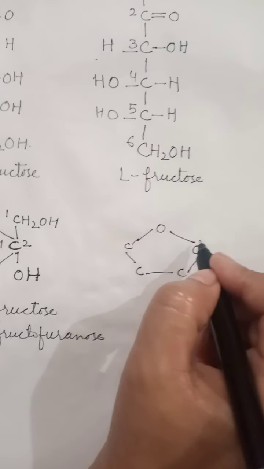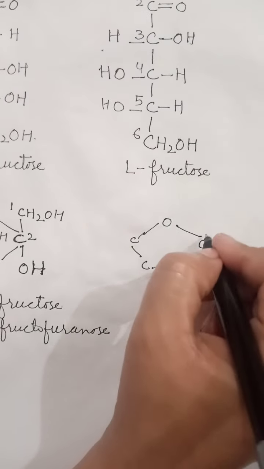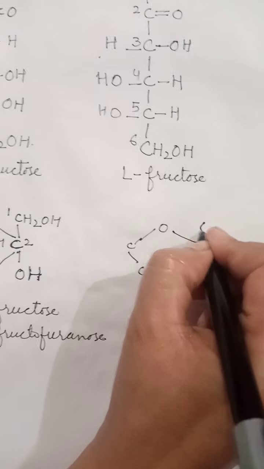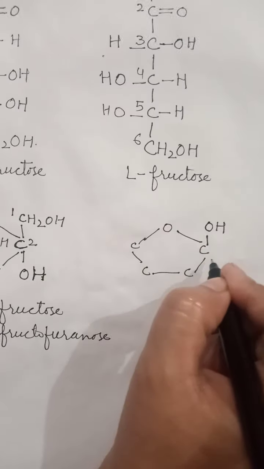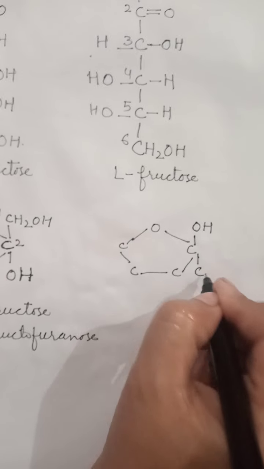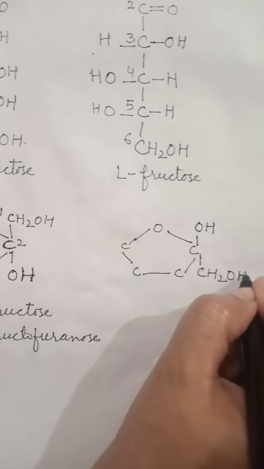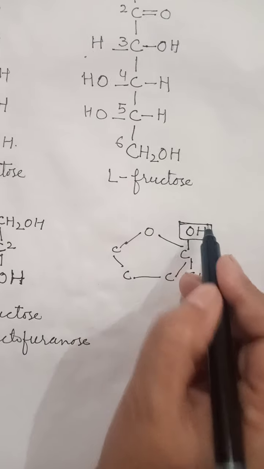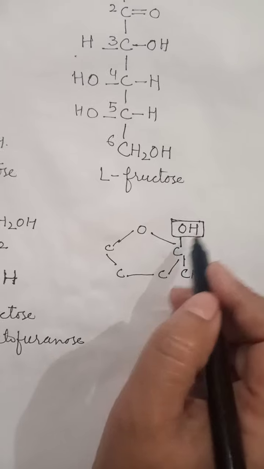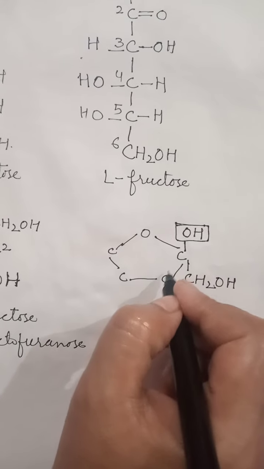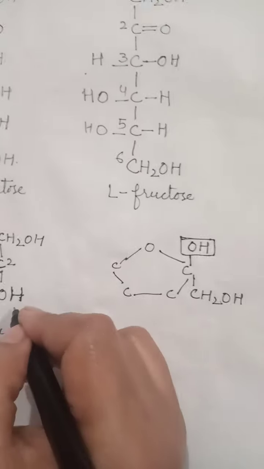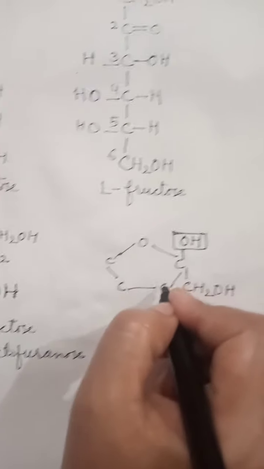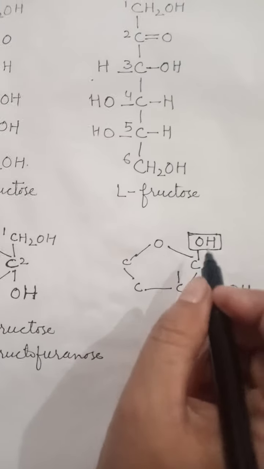As I told you, in beta structures the hydroxyl group is on the top, and the other one will be in the downward position. So always keep this in your mind: when you talk about alpha and beta, you have to consider only the hydroxyl group. If the hydroxyl group is on the top, then it is beta, and if it is in the downward position, then it is alpha.